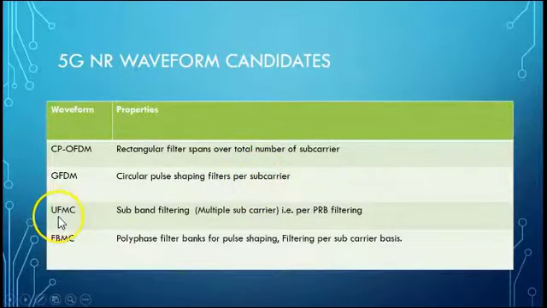In the universally filtered multicarrier waveform, the filtering is applied over a band of subcarriers. So multiple subcarriers form a band, over which this filtering is applied. In the filter bank multicarrier waveform, polyphase filter banks are used for pulse shaping, and filtering is applied on a per subcarrier basis.